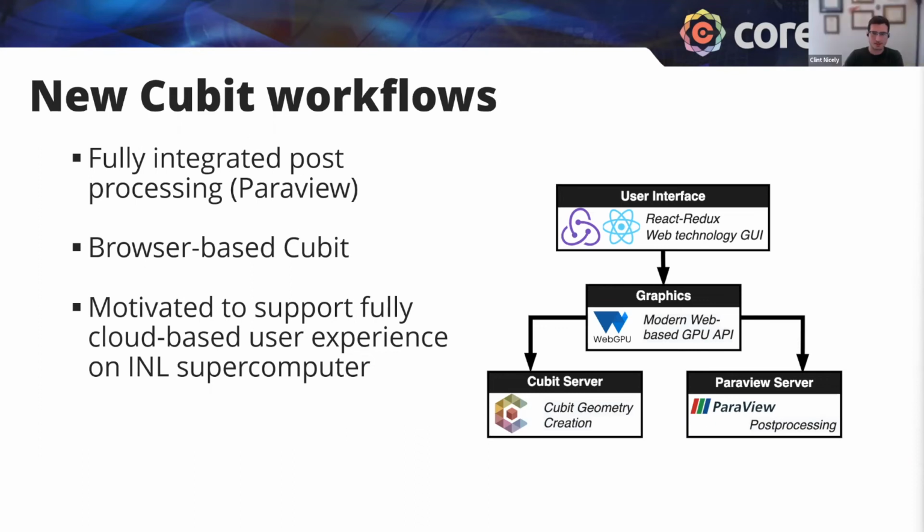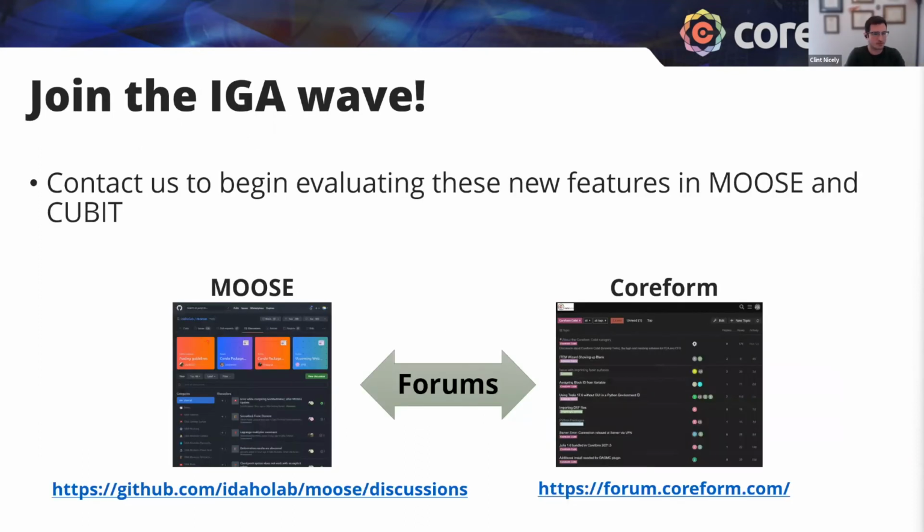And I think that's getting us pretty close to the end of the prepared version of the webinar. So again, the reason you're here is because you're interested in isogeometric analysis, so feel free to join the IGA wave. There are multiple ways that you can begin evaluating this feature. You can contact us at Coreform to help you get started.